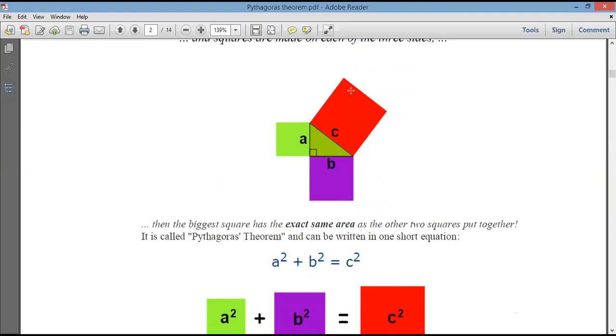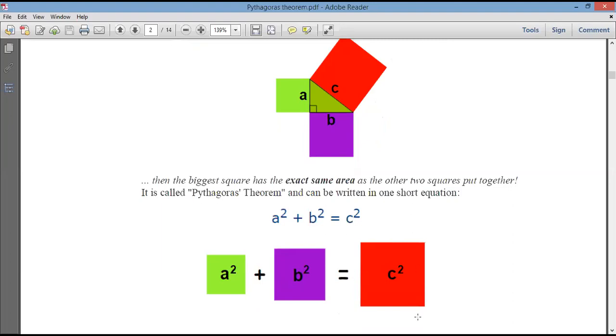I named this one C. The area of C, the biggest square here, will equal the area of square A plus the area of square B, like this.